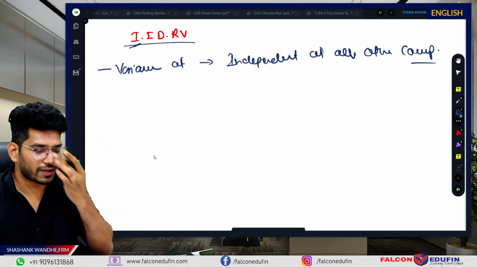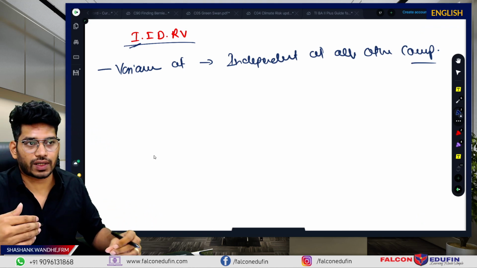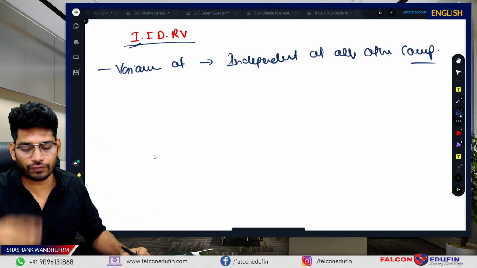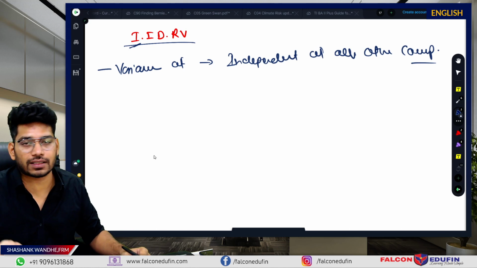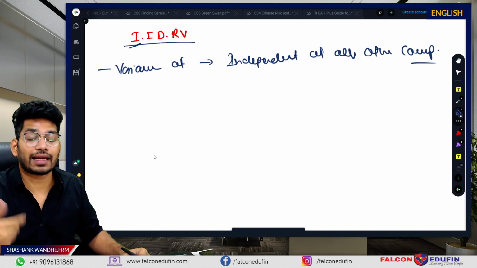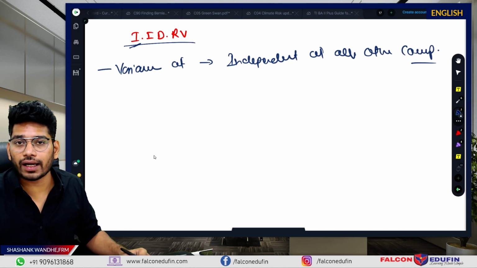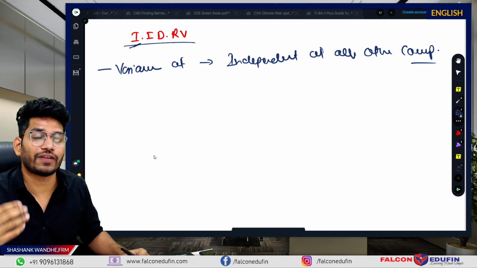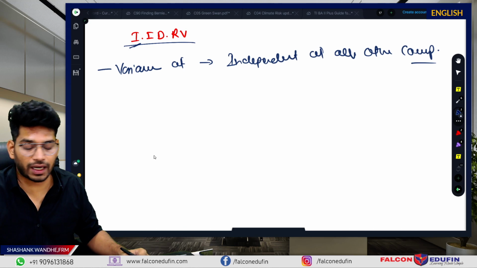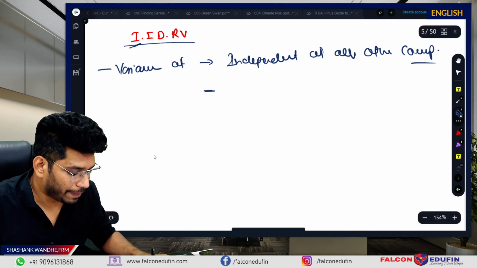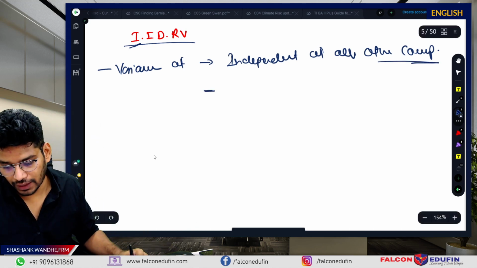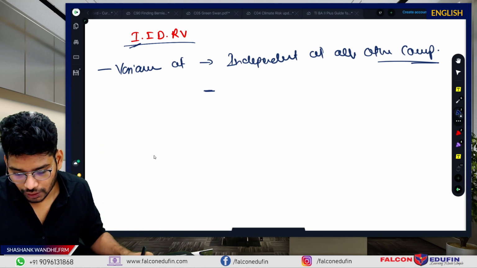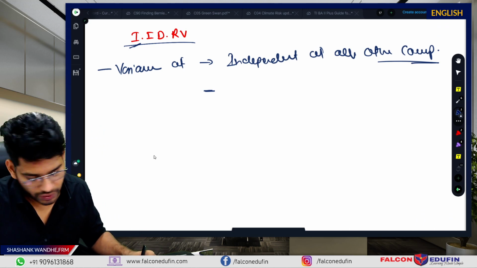You can draw inference from this, like, take the example of head and tail. If I get the head in the first toss, then in the second trial, what will I get, head or tail? We don't know. So that's the independence: independent of the previous or next coming component. So independent of all other components. Then all from a single distribution.